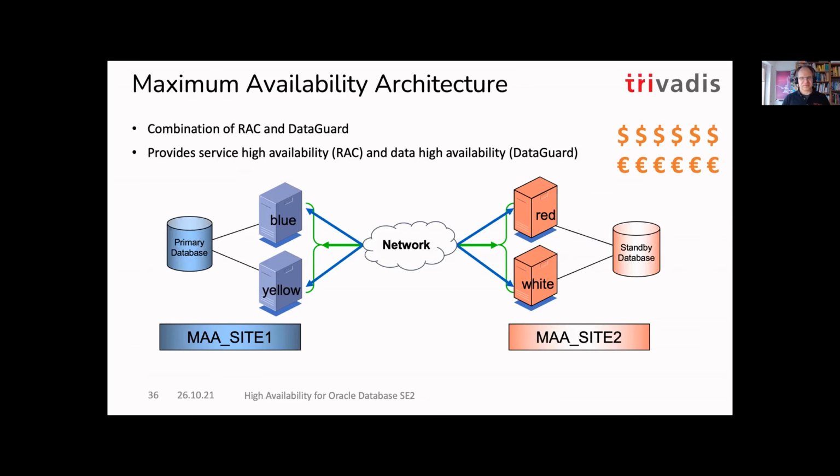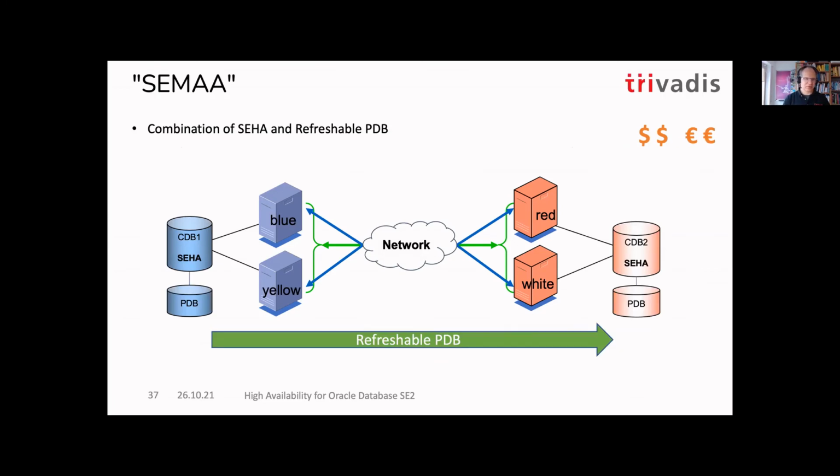Very expensive, but of course we can use the features we have learned, ZEHA and refreshable PDB for that. And this looks then this way. We have ZEHA on the left and ZEHA on the right, and a refreshable PDB between both CDBs.